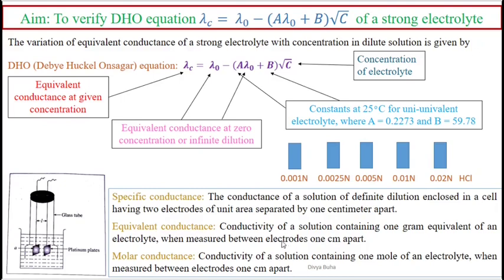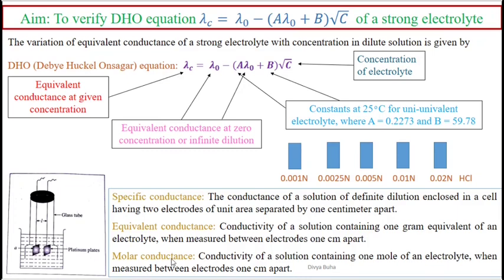Now let us move on to the next thing, equivalent conductance. Equivalent conductance is the conductivity of a solution containing 1 gram equivalent of an electrolyte, measured between electrodes 1 centimeter apart. So here these two electrodes are 1 centimeter apart, right? If you dissolve 1 gram equivalent of the electrolyte in this entire solution, then the conductivity of this solution which is measured is referred to as the equivalent conductance.